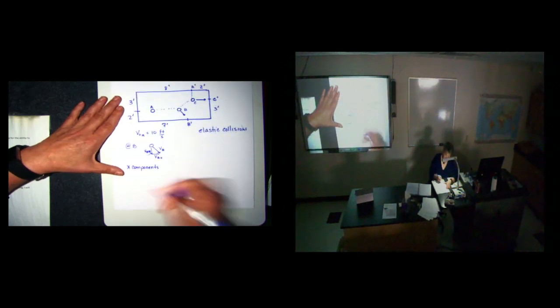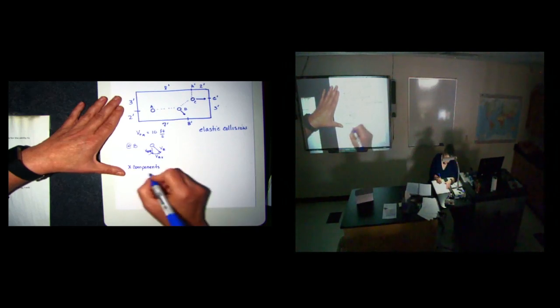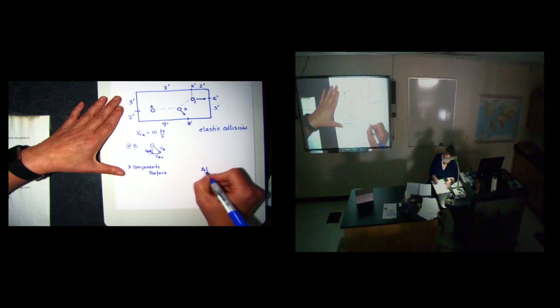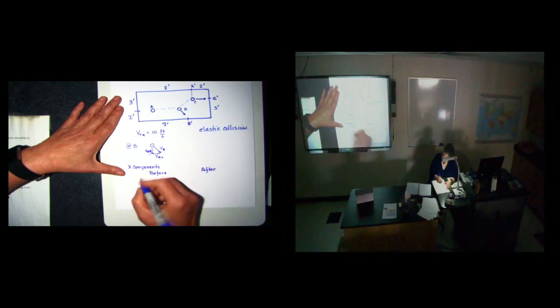The 1/2 of the masses all come out, so I get VA initial squared is equal to VB squared plus VC squared plus VA prime squared.